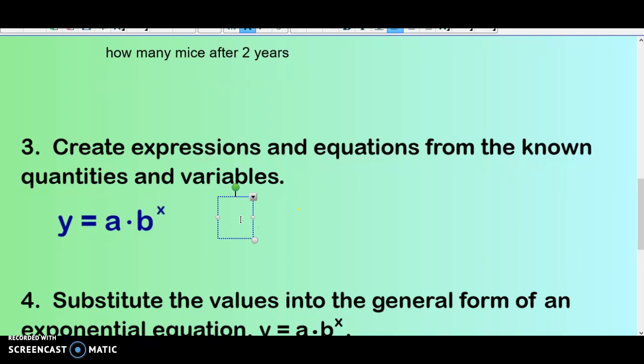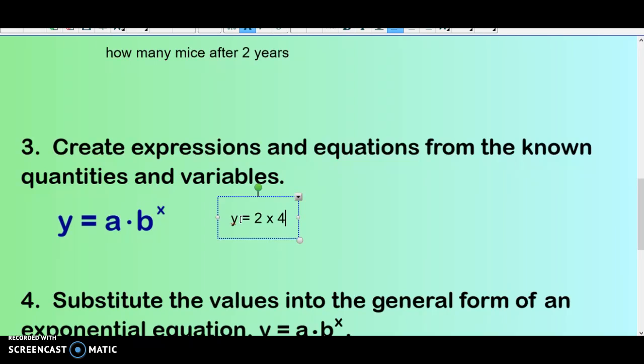So my equation is going to become y equals, my initial value was 2 mice, times, it was quadrupling, so I'm going to use the number 4 to represent that it is changing by 4 times. And then they told me the growth for every 6 months.